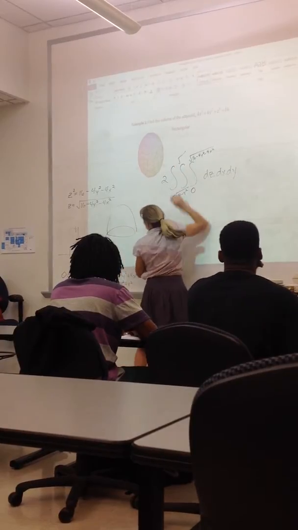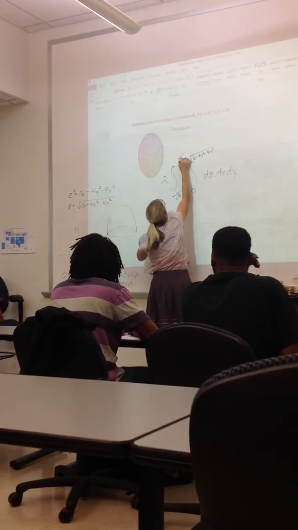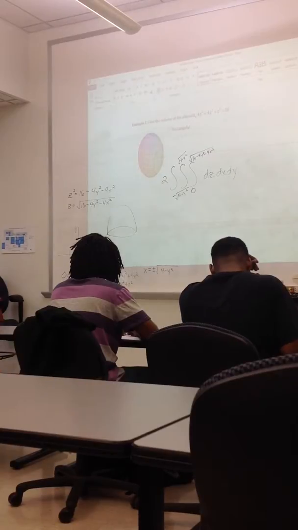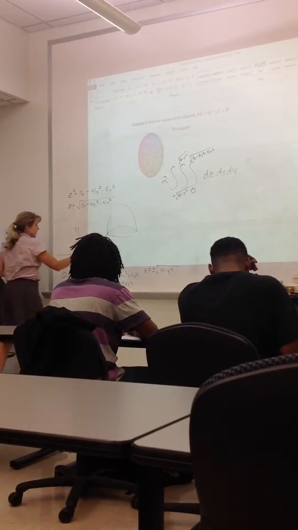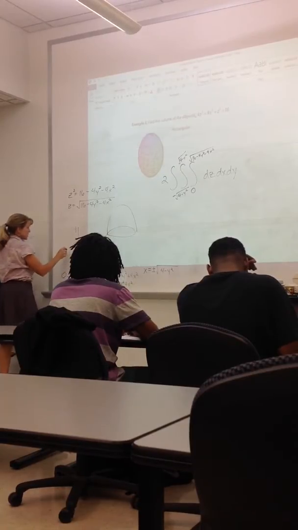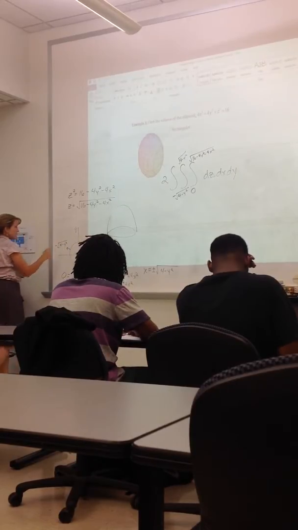And then the upper limit is this side of the circle, which is given by positive square root of 4 minus y squared.